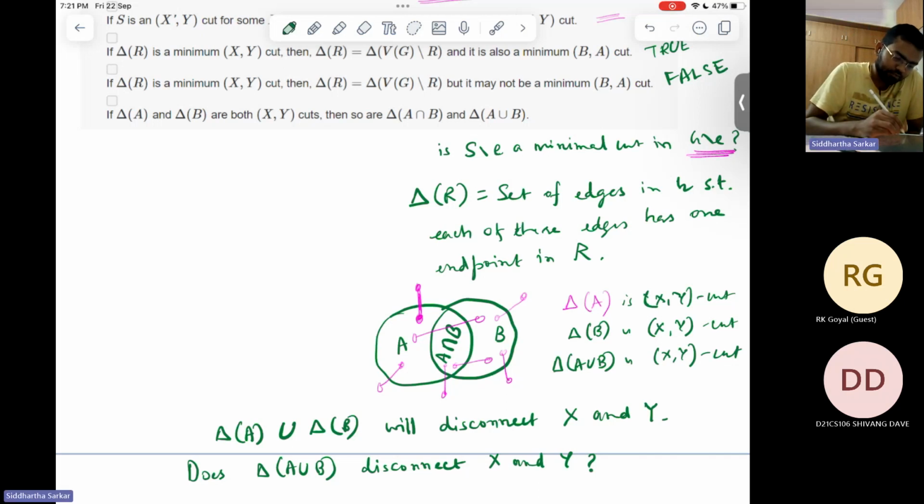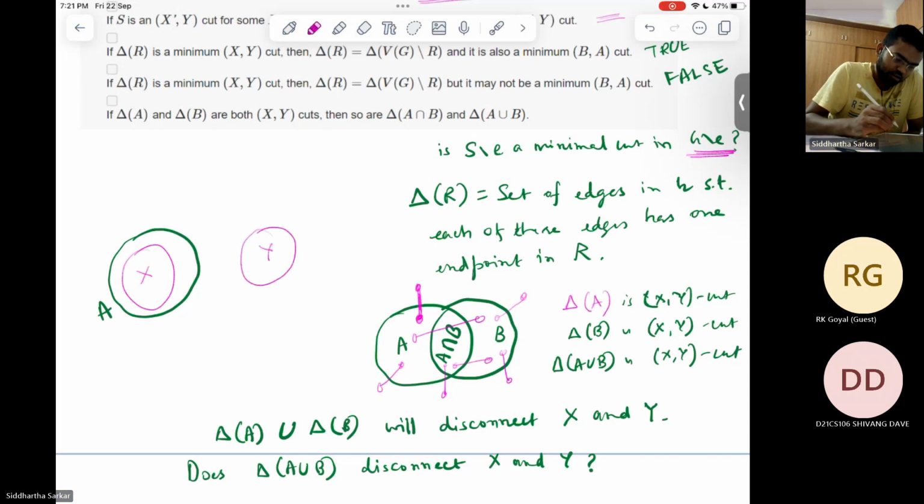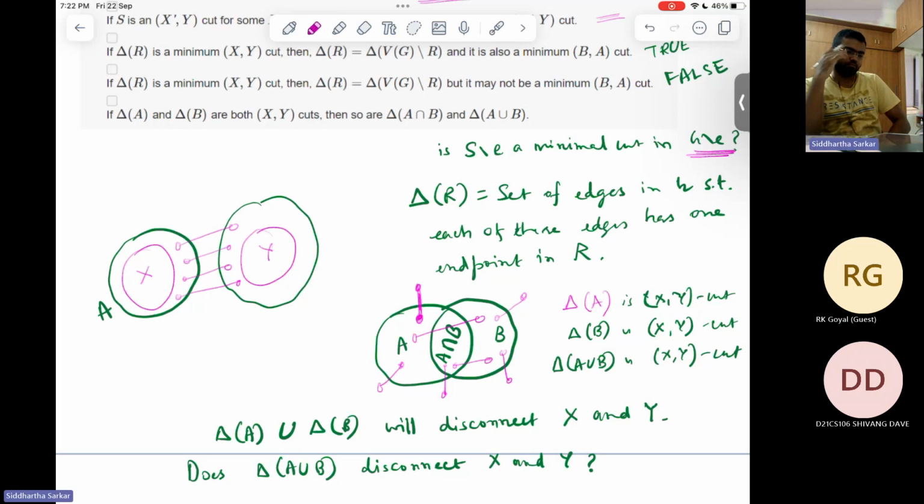So let us say that this is A and x is inside A and y is here, and this is the rest of the vertices, the other component, and the edges going out of A are forming an xy cut.